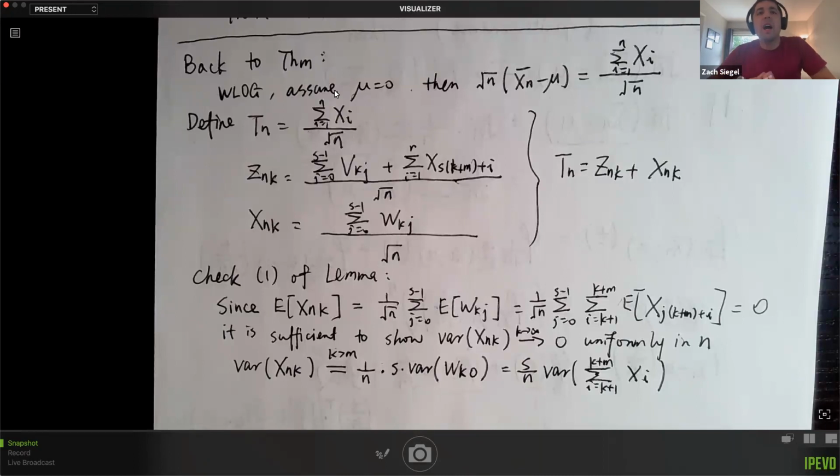Sorry to interrupt. I'm just wondering, on the homework we proved Bernstein's theorem. Would that show this part, that the variance of x sub nk goes to 0? Right, so we're going to show that actually.